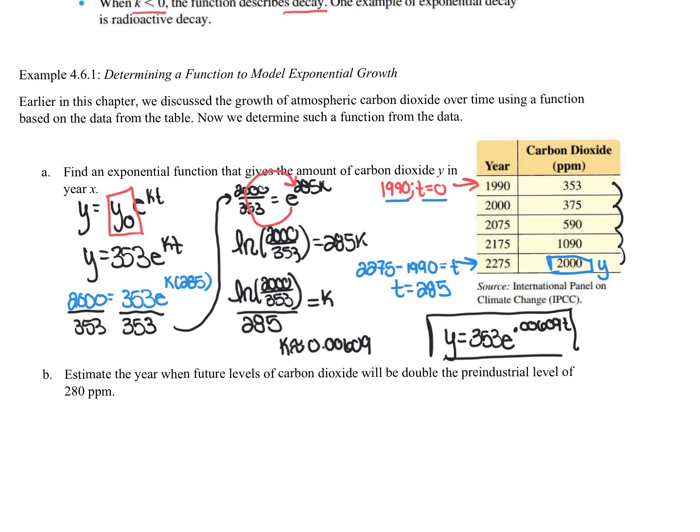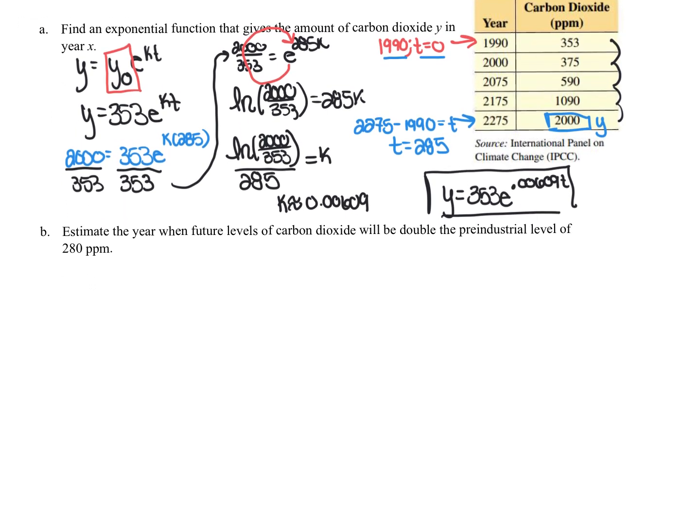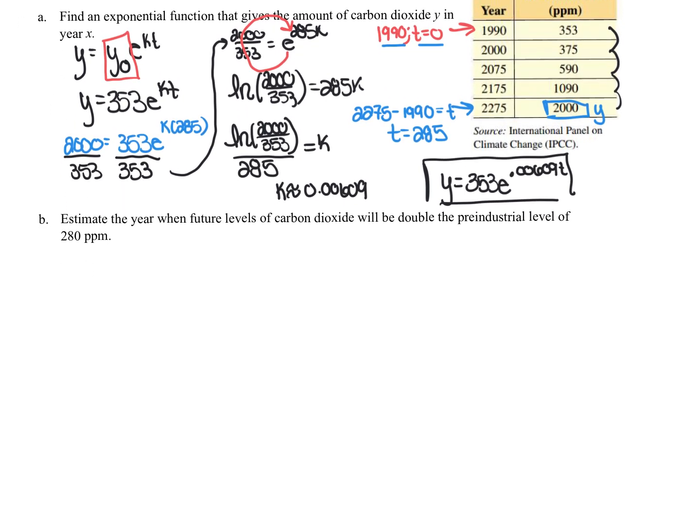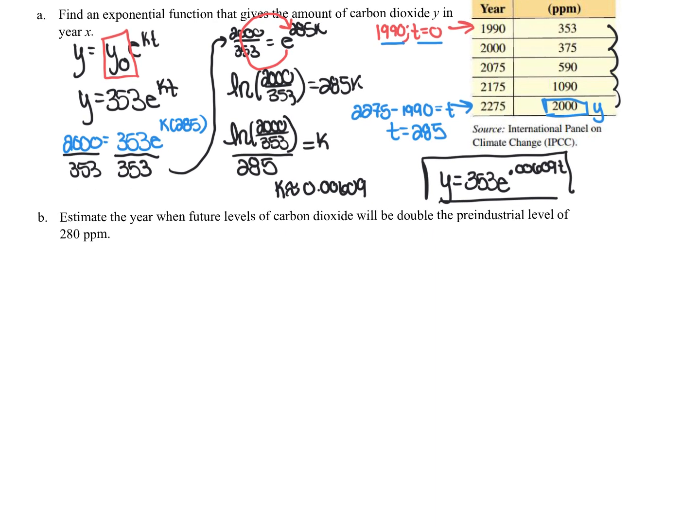Now I'm going to use my model in the next problem to estimate the year when future levels of carbon dioxide will double the pre-industrial level of 280. So first of all, this was the pre-industrial level, and I want it to double. So 2 times 280 means I'm going to have 560. So that's what I'm looking for as my y value.